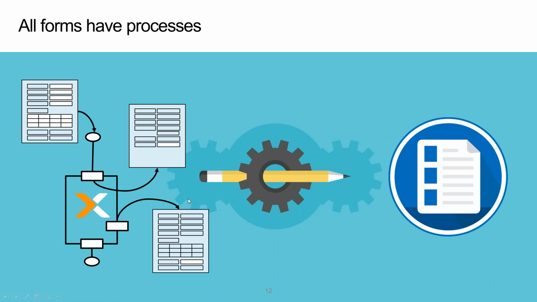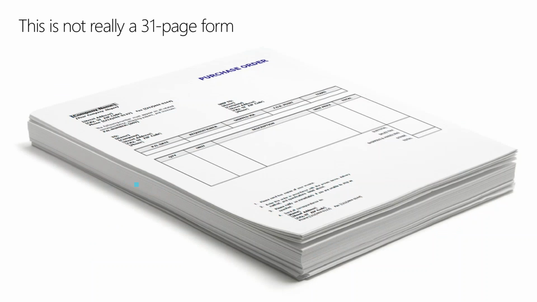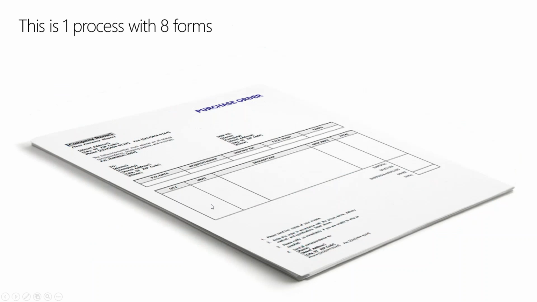One of the things we've seen time and time again is people are using these forms and then attaching them to processes on the back end. The other thing we've seen a lot is people give us a 31 or 50-page form, and what it ends up being is really one process with 8 different forms intertwined with it.